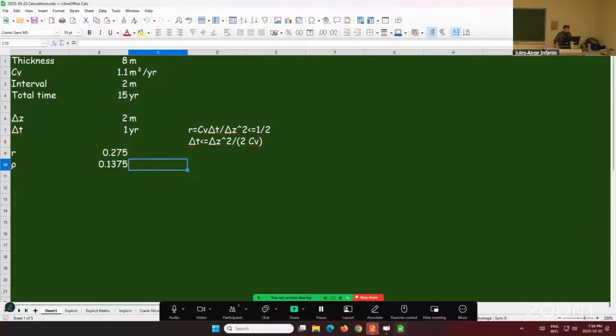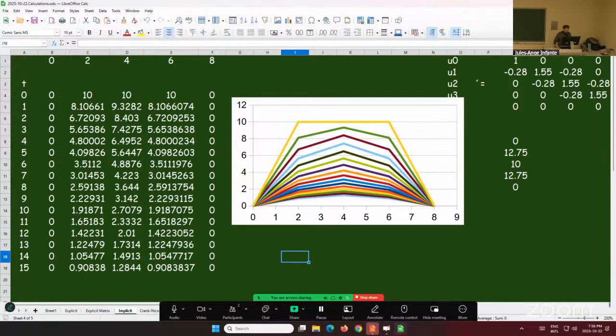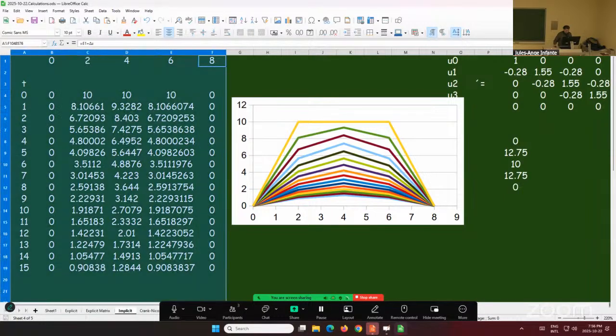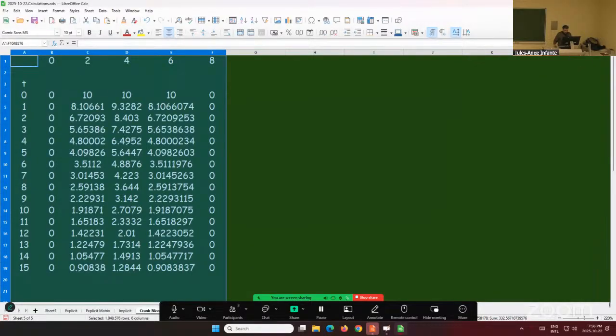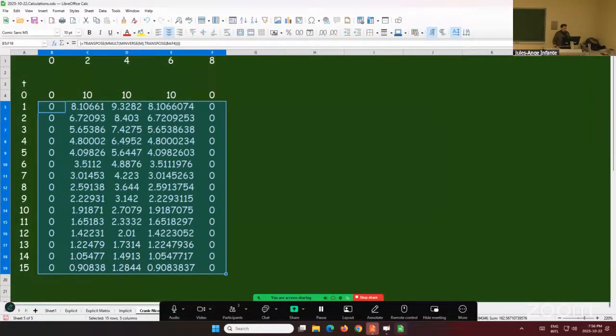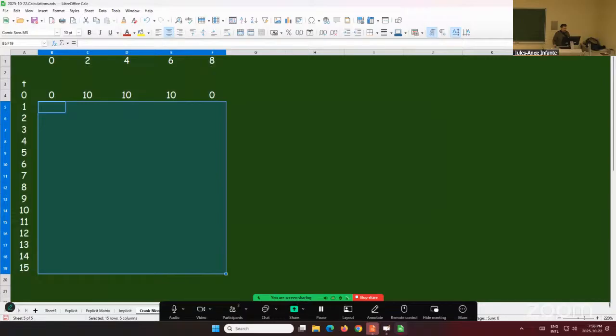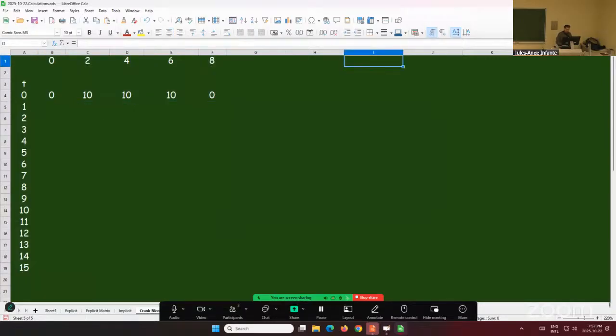For the Crank-Nicholson, this one. Copy this for now. We will have two matrices, right?